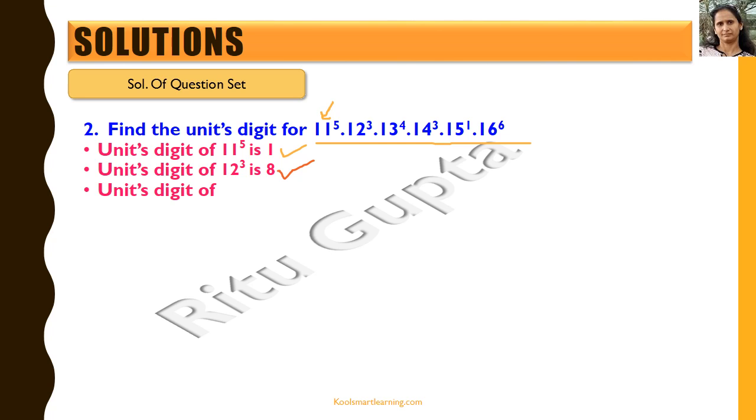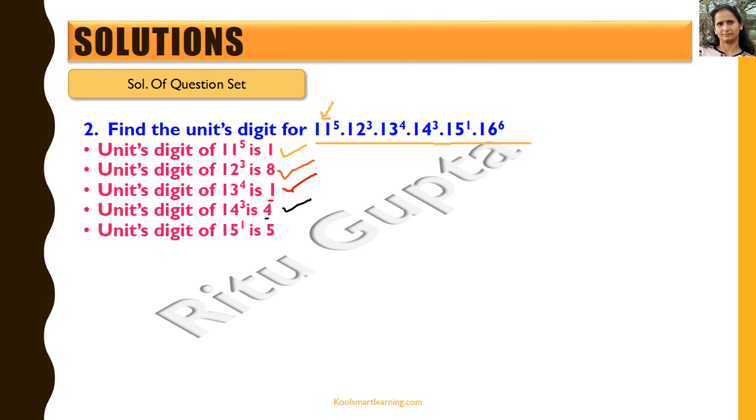For the units digit of 13 raised to power 4, we know that 3 raised to power 4 is 81 and its units digit is 1. Looking for the units digit of 14 raised to power 3, we know that its units digit is 4. Units digit for 15 raised to power 1 is 5. And units digit for 16 raised to power 6 is 6.